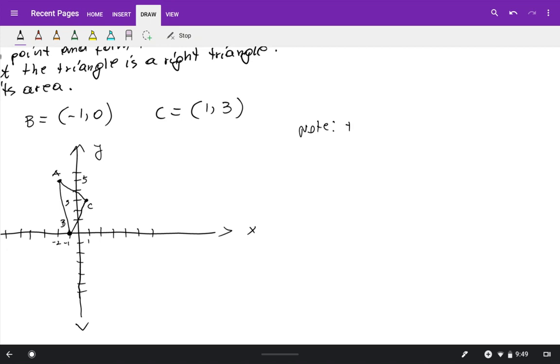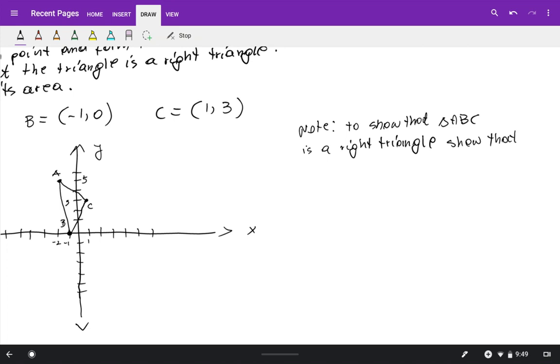To show that triangle ABC is a right triangle, show that, and again we apply the Pythagorean theorem.